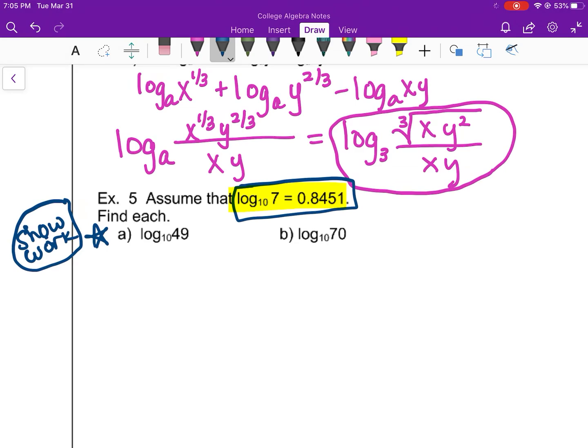So what we want to do is figure out how to write 49 with sevens, because that's the information we have. We know that 49 is 7 squared, or 7 times 7. You can do the problem a couple different ways. If I do 7 squared for 49, then I will move the 2 out front.